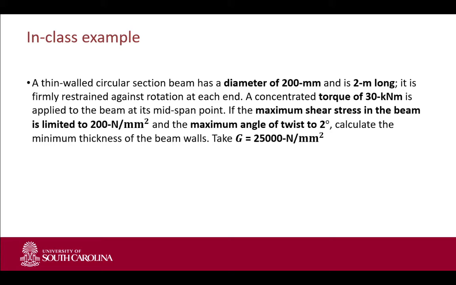Oh no, maximum shear. So tau max is given as 200 Newton per millimeter squared, so 200 megapascal. And G is given as 25,000 Newton per millimeter squared. And the max rate of twist, so theta max, is 2 degrees.